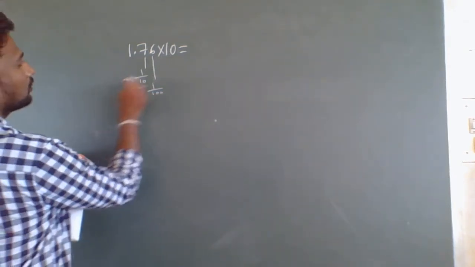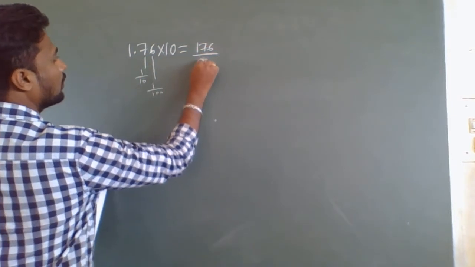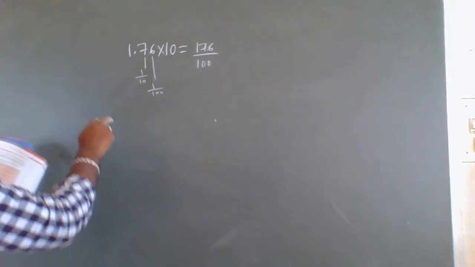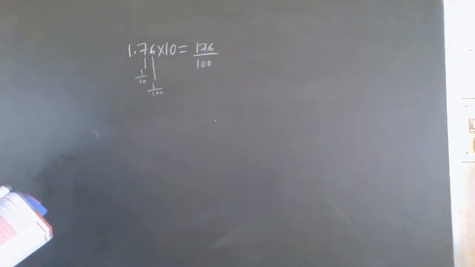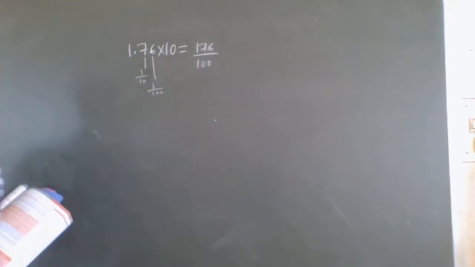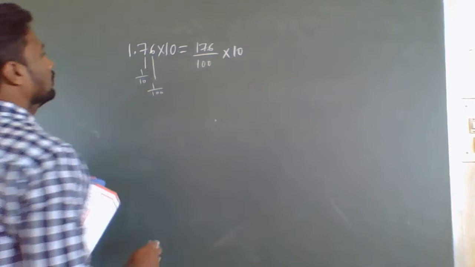So here we can write this as 176 divided by 100. This 1.76 can be written as 176 divided by 100, into the remaining 10.